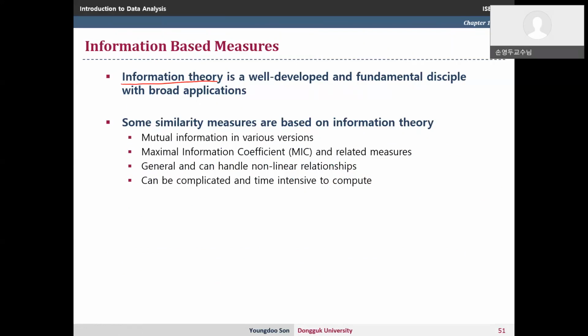Before we see the actual measures of information for proximity based on information theory, we will define what information is and how we can calculate it.